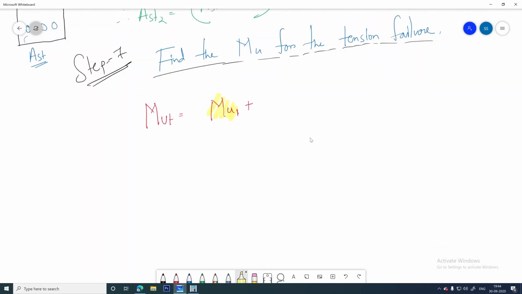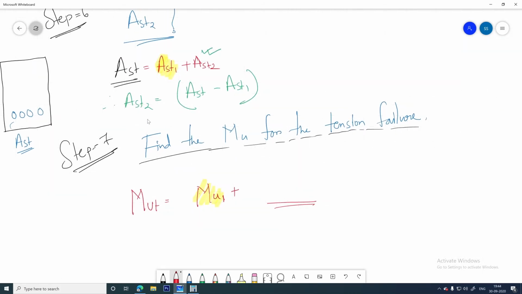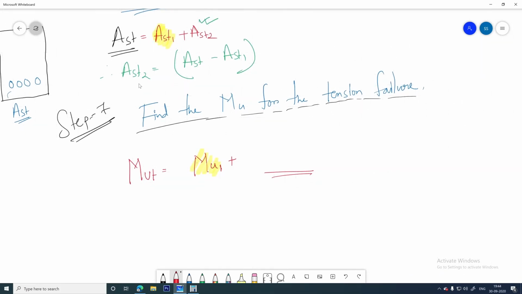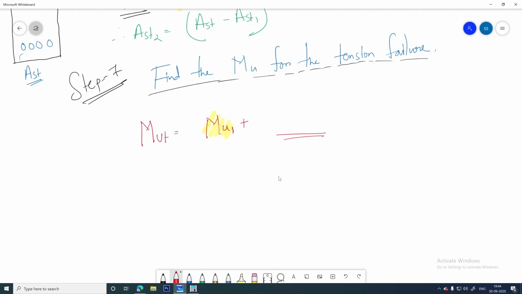So in this case, what will be the Mu2? What will be the Mu2? Look, that is very simple. That is actually due to this AST2. Okay, this AST2 is where it is placed. Let us draw one more time. Here you have AST2 and here you have ASC in the second portion. If we make this consist of two beams, the first one is AST1.